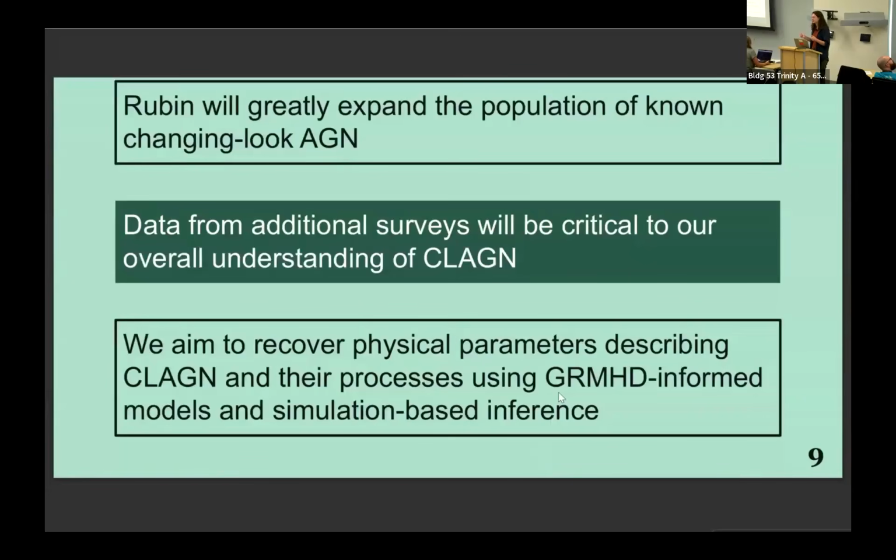We know that Rubin is going to do awesome things for changing look AGN studies, but we also know that data from additional surveys is really going to be critical to identifying more and understanding what's really happening. And in the future, we're excited to establish more physical models and use some simulation-based inference to extract physical parameters from light curves. If you have any questions, thank you.